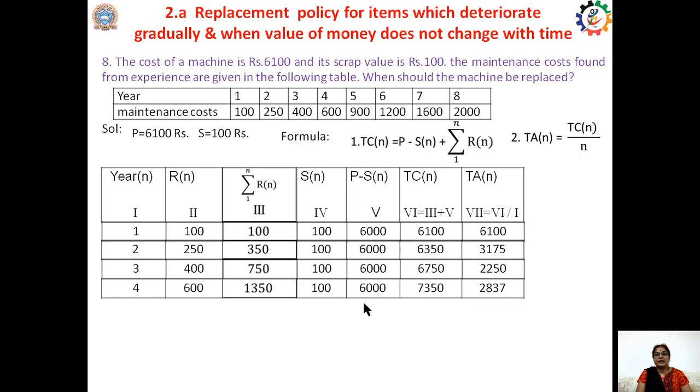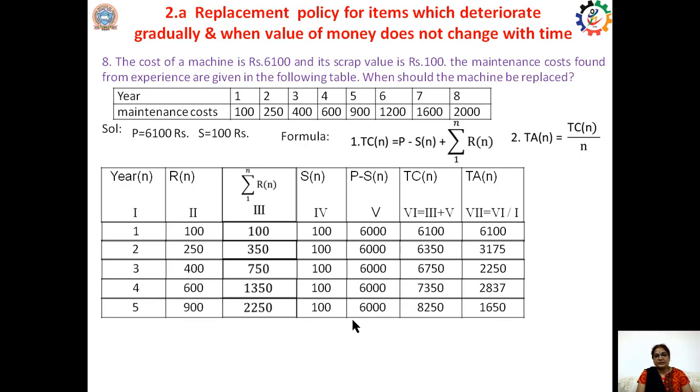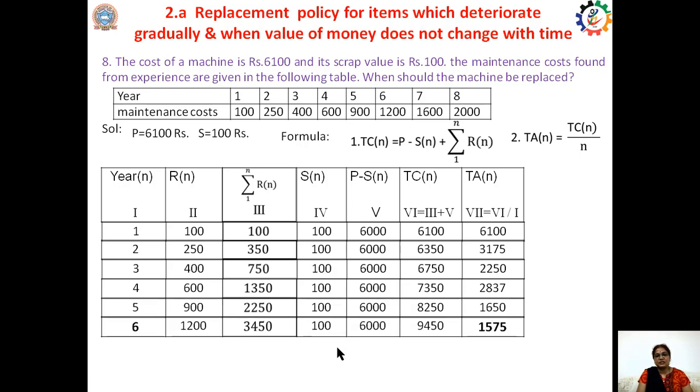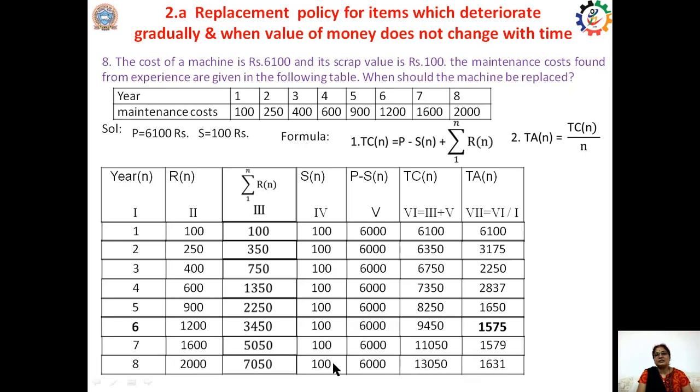Then you add 5 and 3, you will get 7350, and you divide this by 4, you get this. So like this you just continue, no more explanation is needed. In the similar fashion we continue till all years' calculations get over. Now the 8th year calculation also got over, so we have all the values present here. Now how to decide when to replace? The question is when to replace. How to decide?